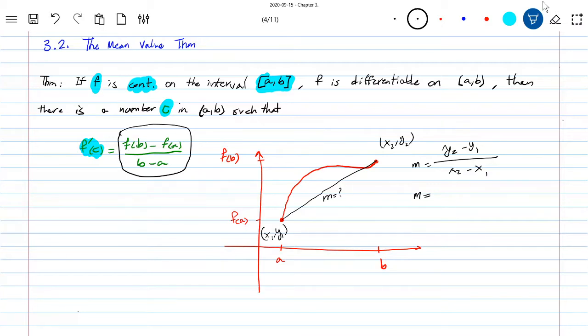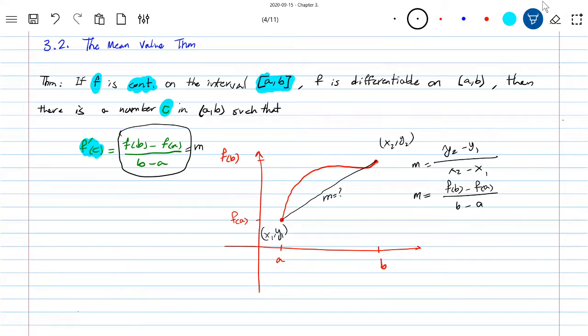What is the slope of that line? Since you have the points A and B and their corresponding y values, y2 is f of b, minus f of a, y1, divided by b minus a. So this fraction is basically the slope of the line that connects the two endpoints, right? This line is called the secant line.